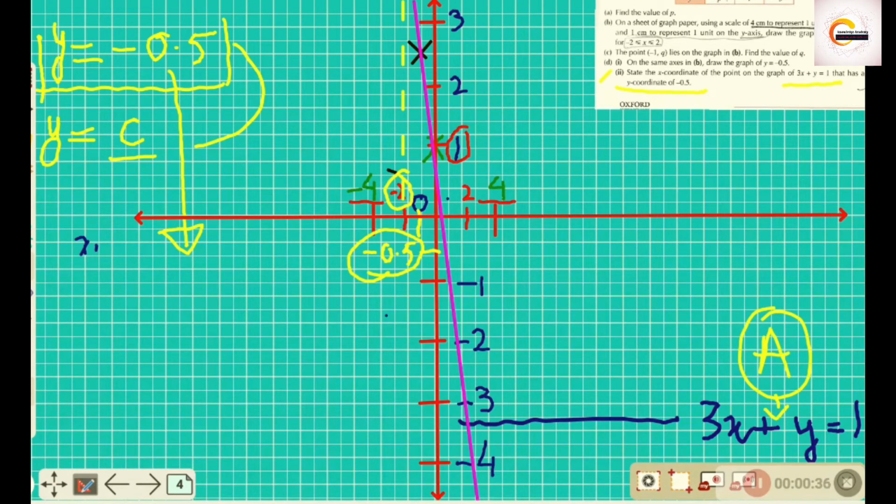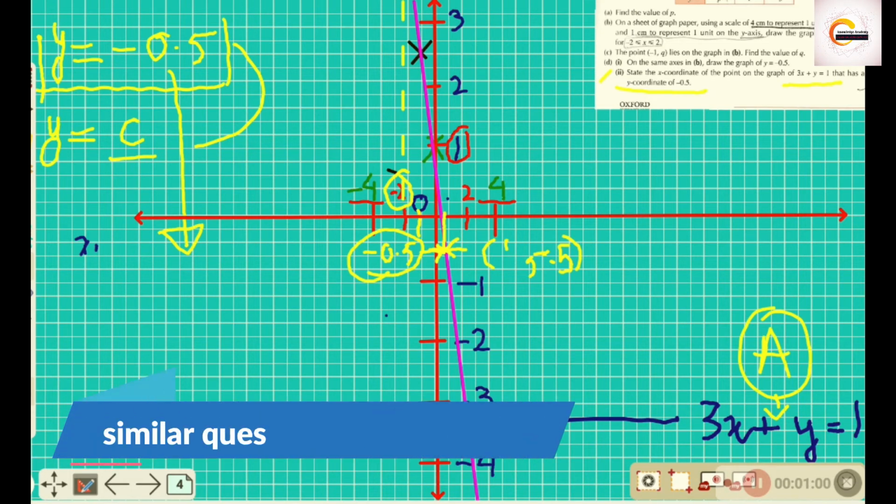Simple, I'm going to cut the line A here. So this is the point whose y coordinate is minus 0.5, and its x coordinate is going to be this one. It's going to be 1.